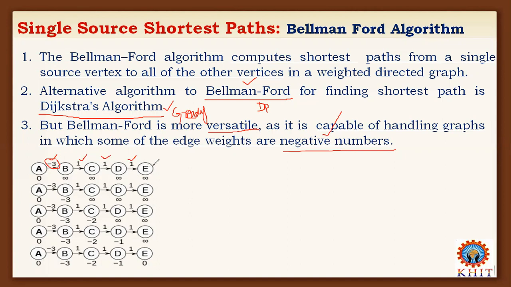The graph can be solved by using Bellman-Ford algorithm only. The graph cannot be solved by using Dijkstra algorithm. Why? Because Dijkstra algorithm cannot support solving graphs with negative edges. So that is one of the drawbacks of Dijkstra algorithm.